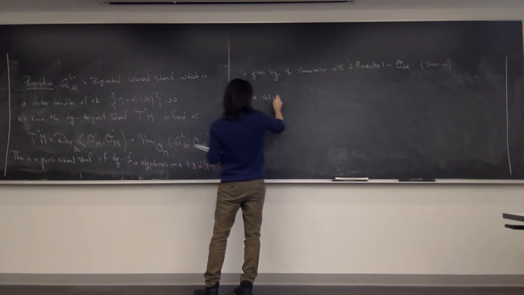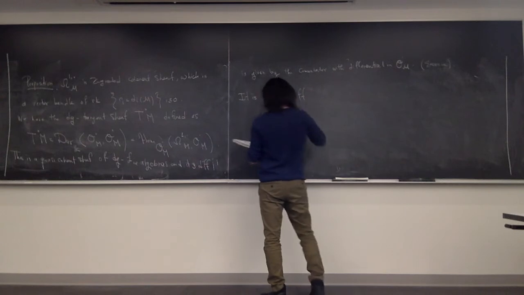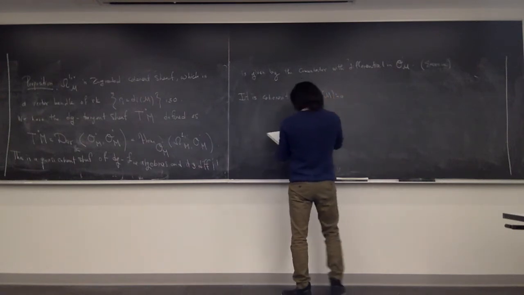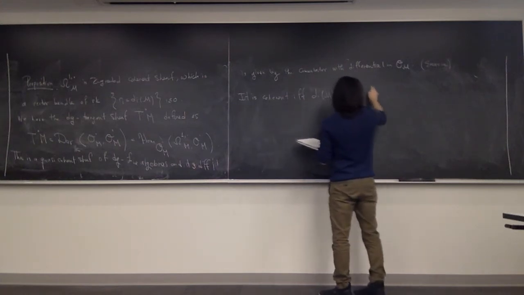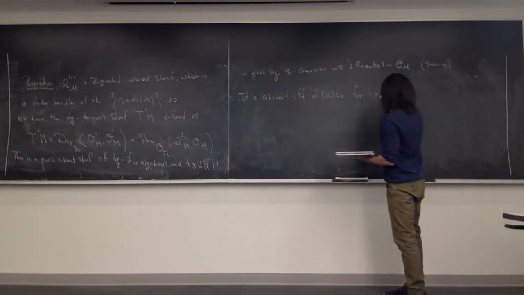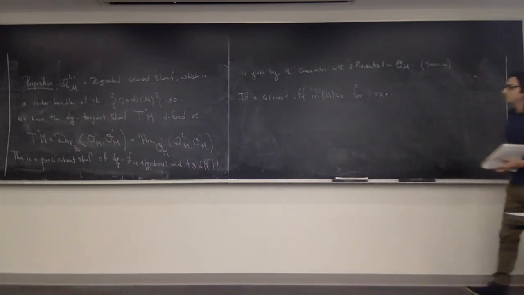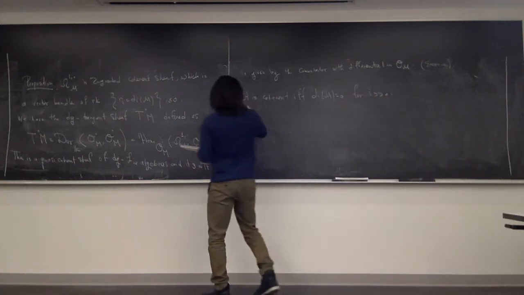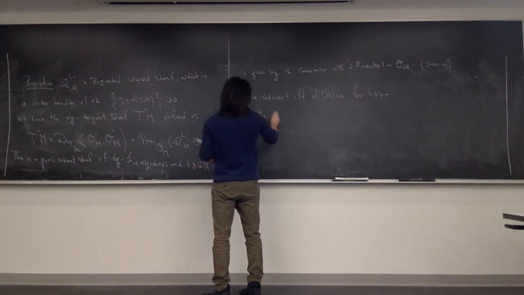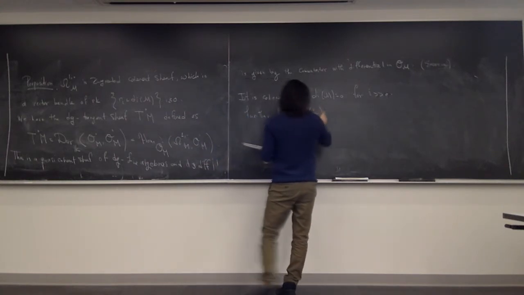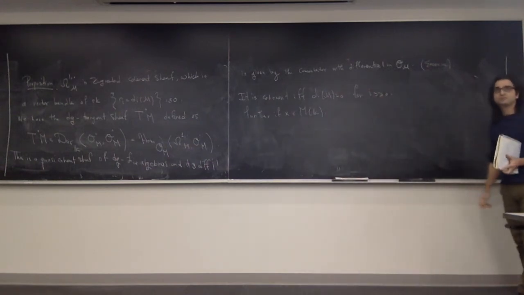It is coherent if and only if H^i of M is equal to 0 for i bigger than or equal to 0. Much larger. And further, if X is a point in here, a K point of this DG manifold M.